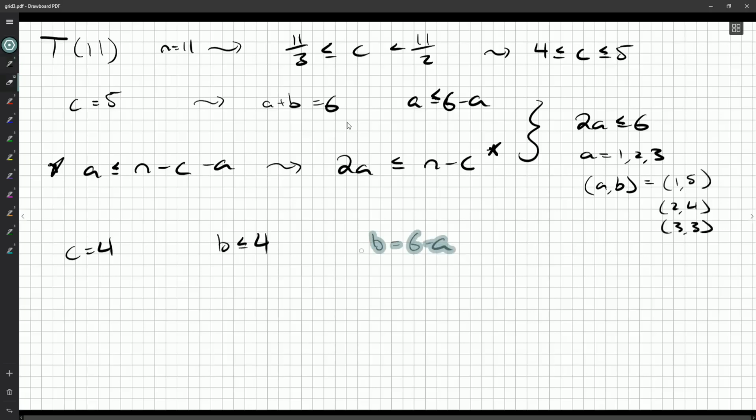Well, we know A is less than or equal to B, but A is going to be 7 minus B. And so B has to be greater than or equal to 7 over 2.